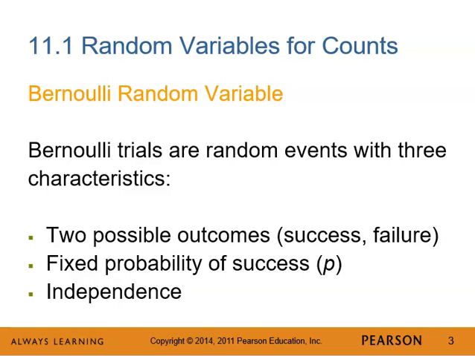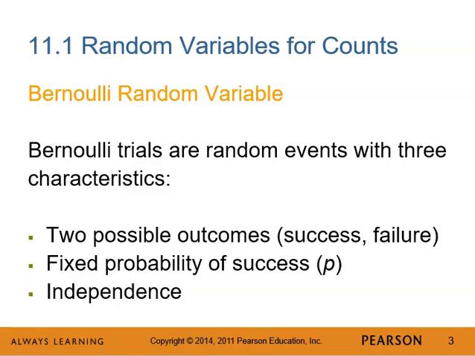You need to have 2 possible outcomes, which can be success or failure, or yes or no. You need a fixed probability of success, and that probability is normally given to you. If not, you can calculate it with a simple calculation. And the events, these outcomes, should be independent, meaning that they don't influence each other.